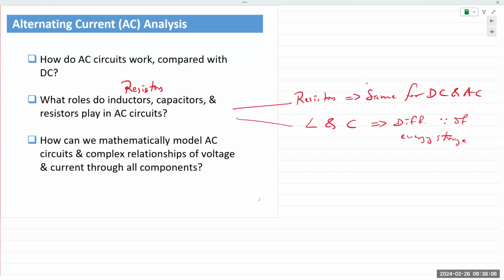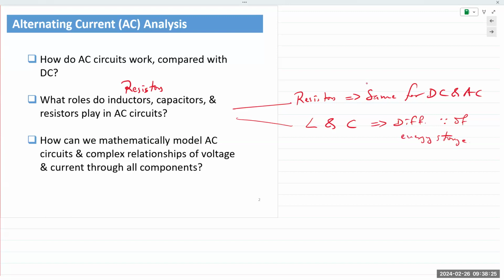And what we're going to learn is how we can mathematically model the relationship for the voltage and current and power for an inductor and capacitor when it deals with an AC voltage or AC current.